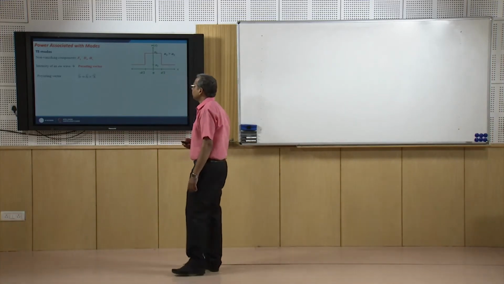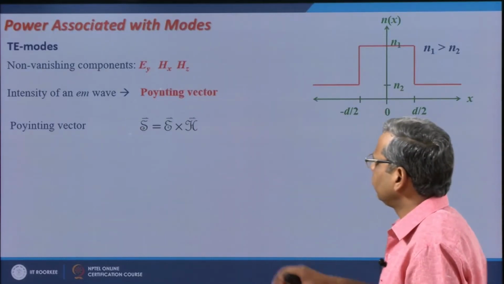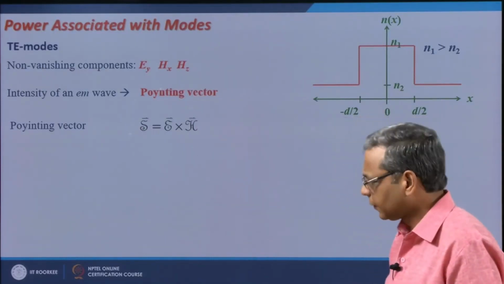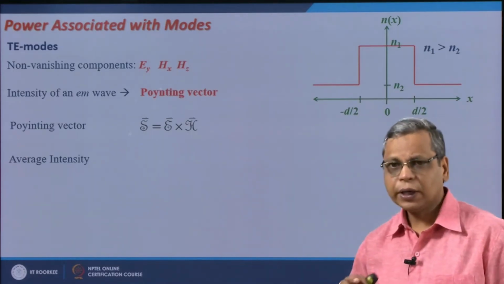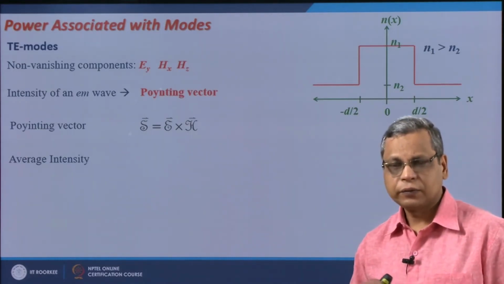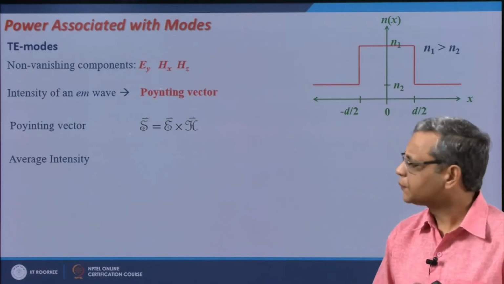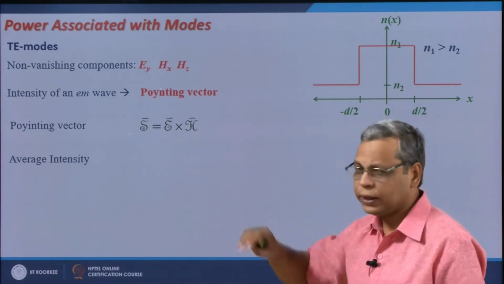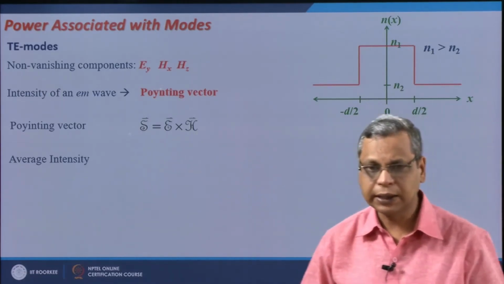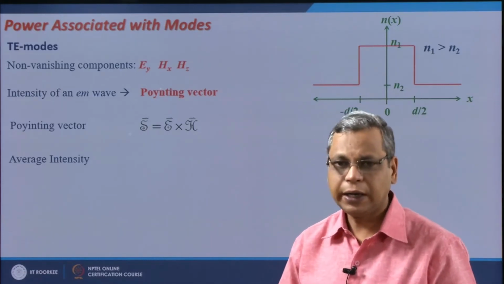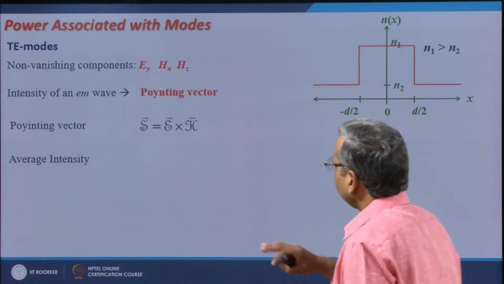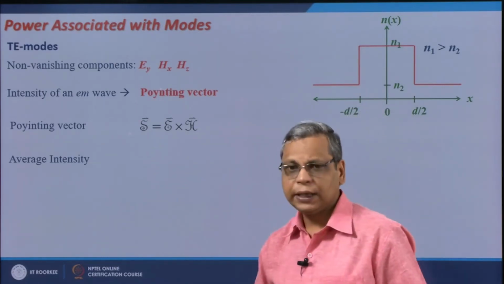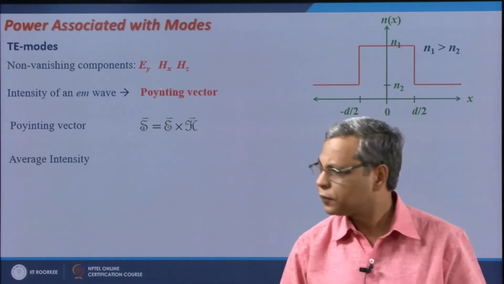The Poynting vector is given by S is equal to E cross H, and since we are talking about electromagnetic waves in optical frequency range, E is fluctuating with a frequency of something like 10 to the power 15 hertz, and so the magnetic field, and therefore S is also fluctuating at a very rapid rate.